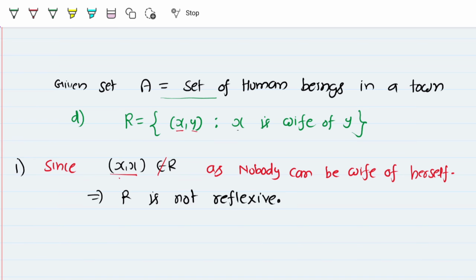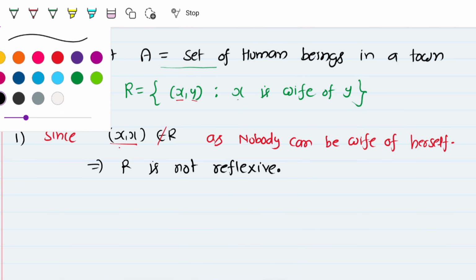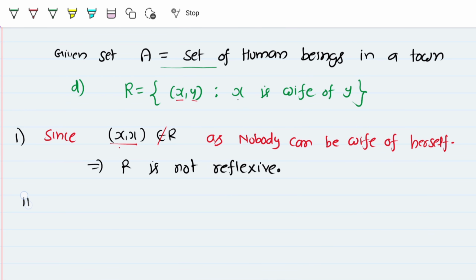So reflexivity we have checked. Now we will check symmetric. For the symmetric, suppose x comma y belongs to R. This ordered pair I have taken from R. What is the meaning? It implies that x is wife of y.